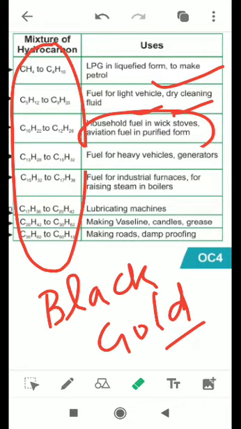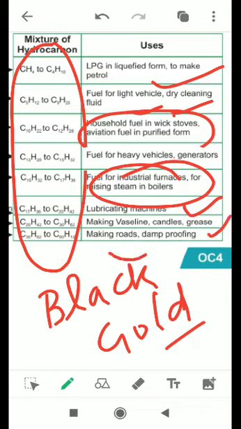Fuels for industrial furnaces for raising steam in boilers. Again, it is organic chemicals or the diesel heavy fuel. Okay. The next fraction is used for lubricating machines, making ointment, vaseline, candles, grease, and also for road making, or for surfacing the road, you can say.